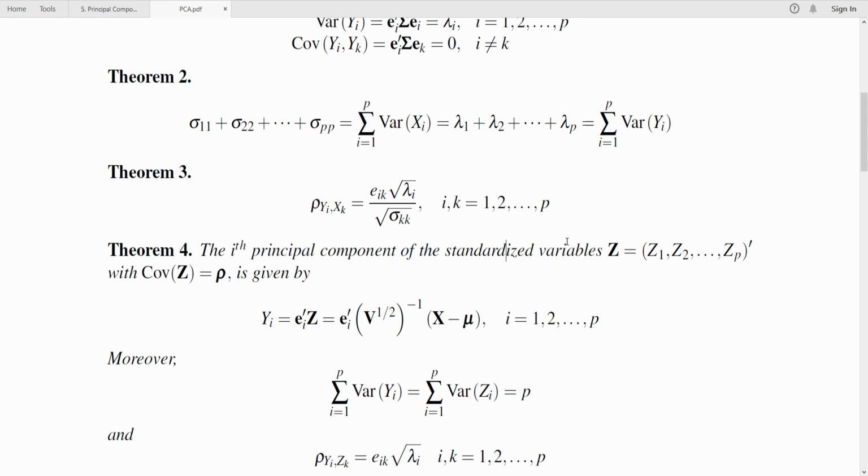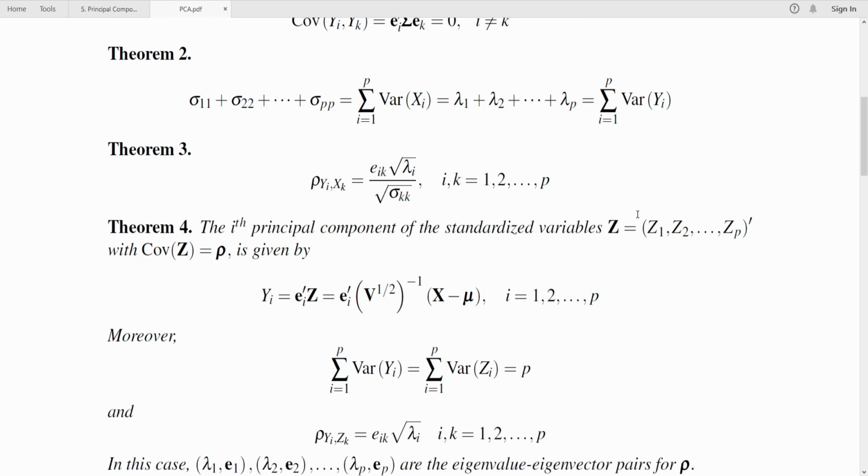In some cases, we want that impact to stay. It depends on what we are actually looking into. But usually we want to eliminate that scaling, so we standardize the variables and find the principal components of the standardized variables. But again, it totally depends on the problem that you have.